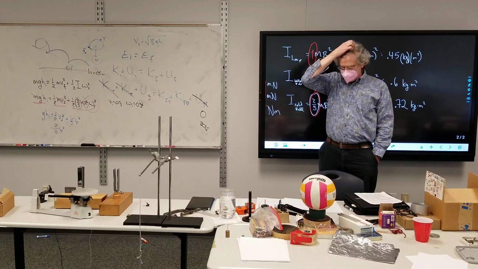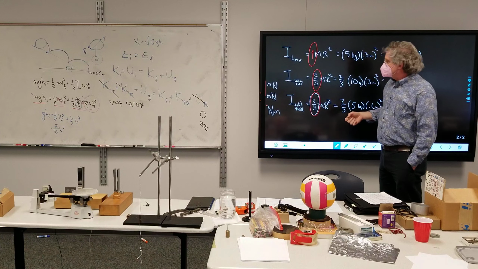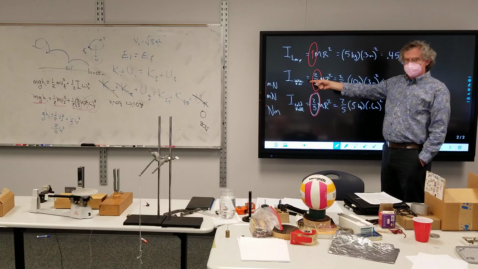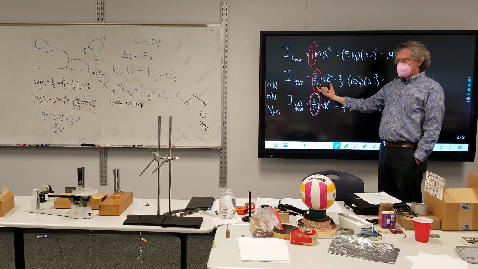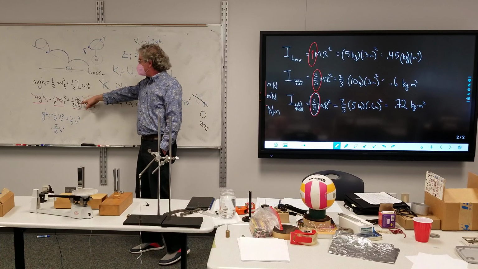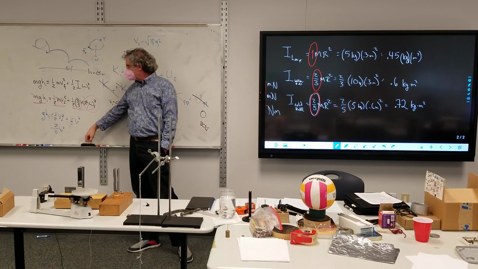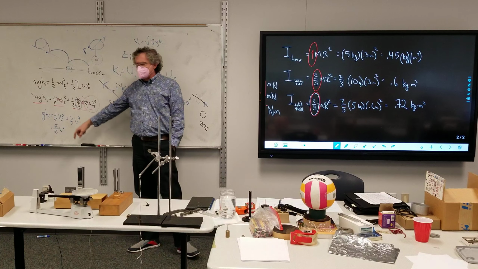On number 4, it's a thin-shelled sphere. So we're dealing with a hollow ball. So the formula is 2/3 mr squared. So instead of 2/5 here, it's 2/3, which makes that 1/3, which makes it 1/2 of a third, or 5/6.